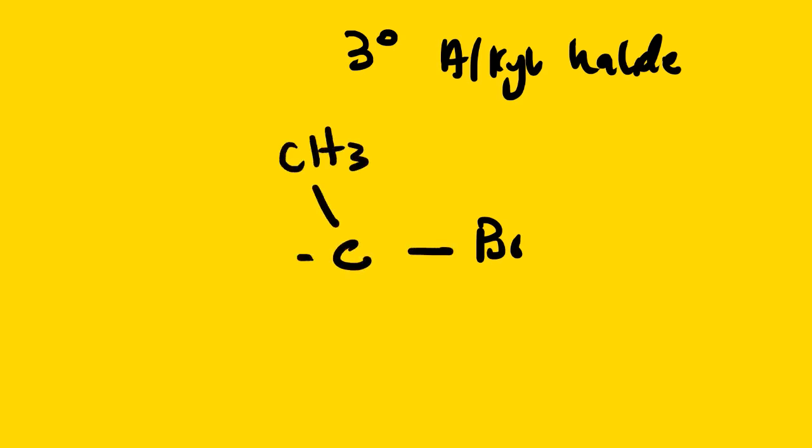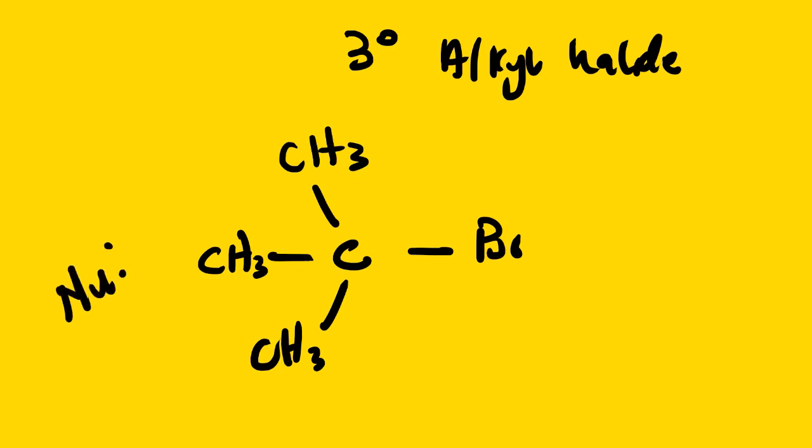And then when we look at the tertiary alkyl halide, it is impossible, because let's say we have our Br, then we have our carbon which is bonded to three other methyl groups, t-butyl bromide.